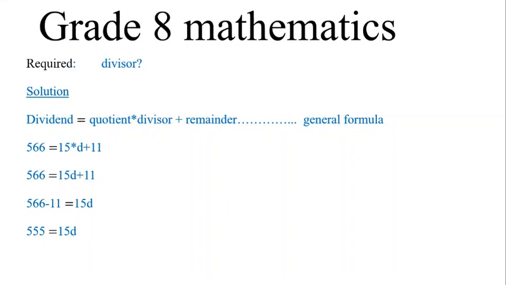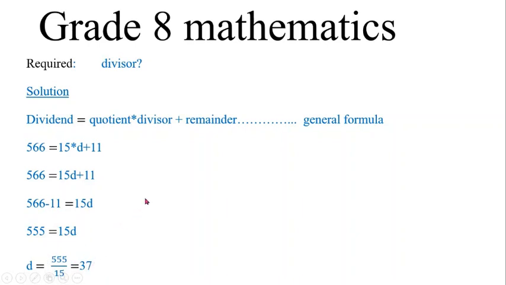When the multiplier is unknown and the product and multiplicand are known, the procedure is to divide the product by the multiplicand. So d is equal to 555 divided by 15. So, the answer is 37.